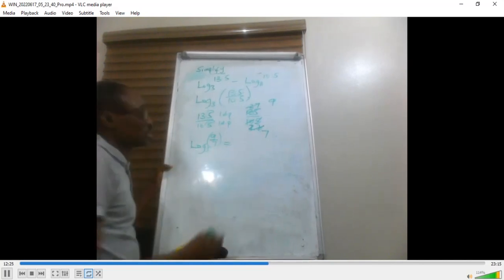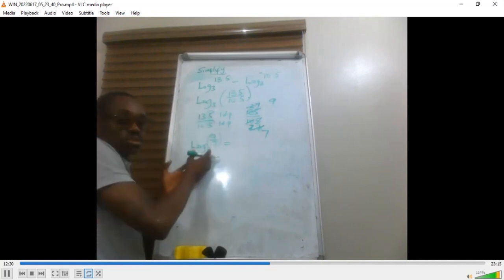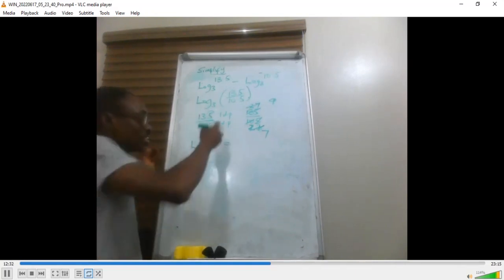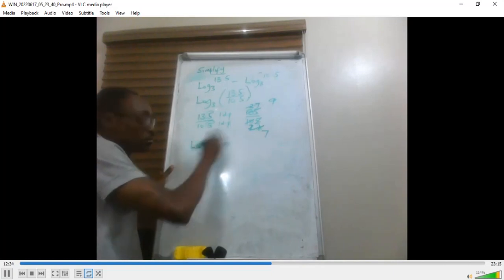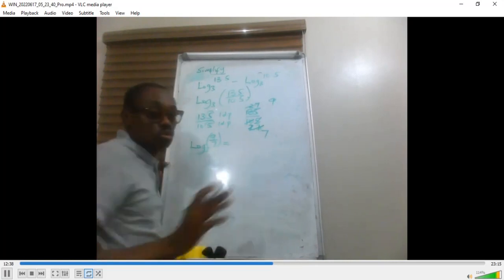Now to simplify, this is division, so we're going to subtract. It's going to be log 9 base 3 minus log 7 base 3. We're going to apply that rule of logarithm.